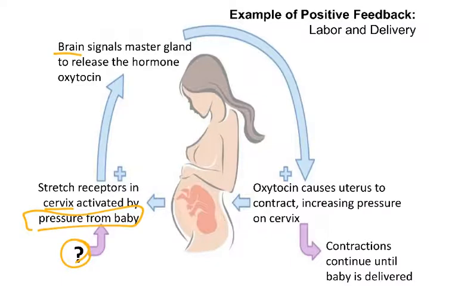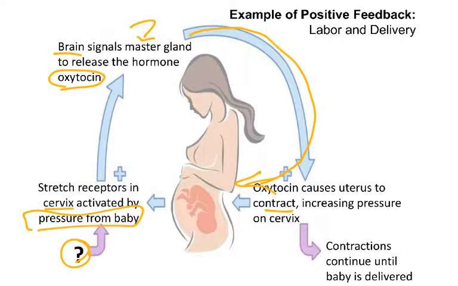The brain tells a part of the endocrine system to release a hormone called oxytocin. Pitocin is the artificial form of oxytocin. When oxytocin is released by an endocrine gland into the bloodstream, it travels through the bloodstream to the uterus, where there are receptors in the smooth muscle of the uterus, and it causes uterine contractions.